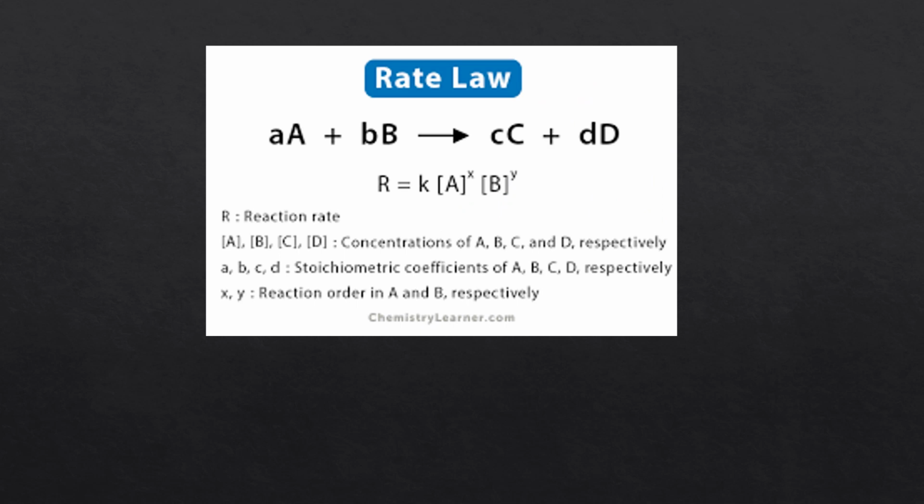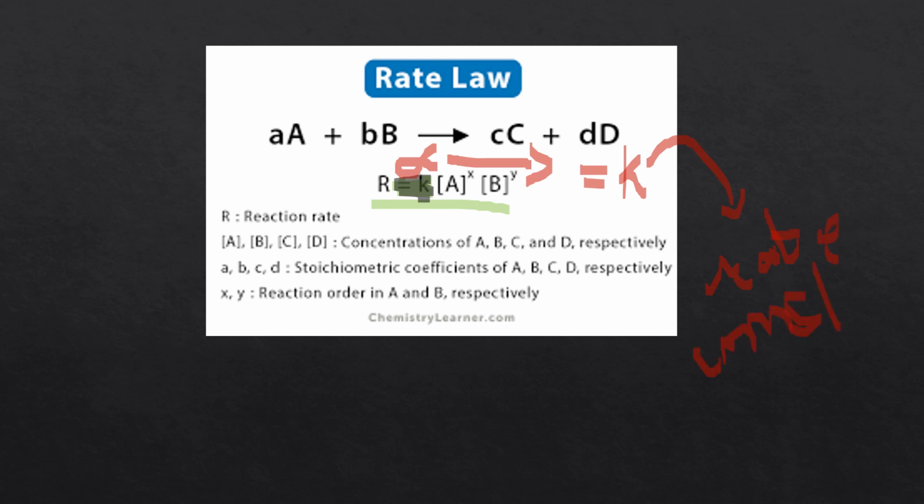As you can see here, it is written as R is equal to K times the concentration. Here they haven't given the proportionality sign, but we know it is directly proportional, and when we remove the proportionality sign, we add is equal to K. This K is basically the rate constant.